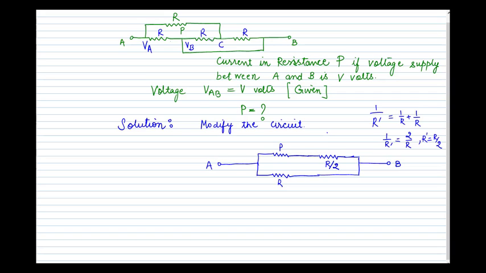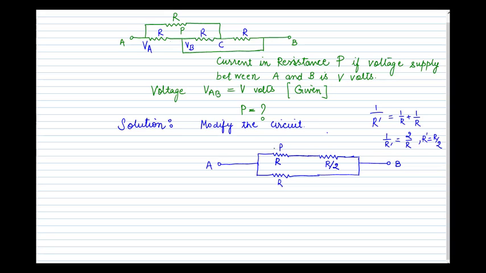So now we are having this P, R by 2 and R. Now this P is again given to us as R. So this is R, R and R by 2. So this total is R plus R by 2.